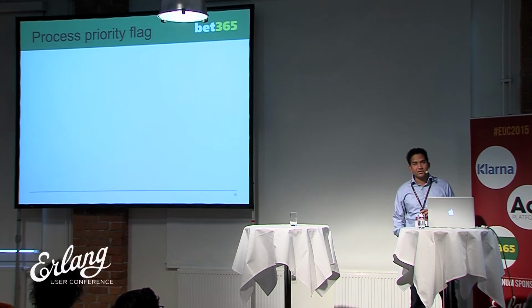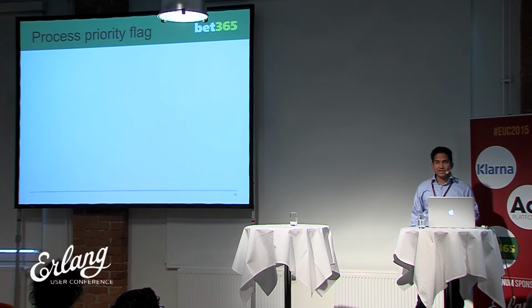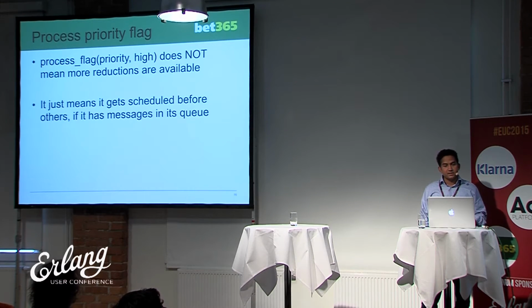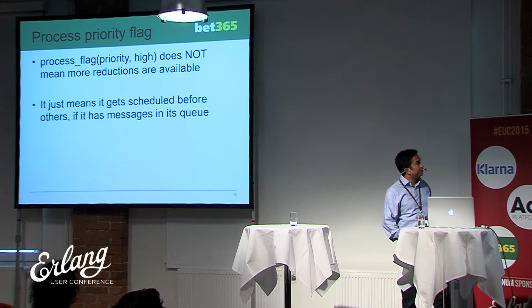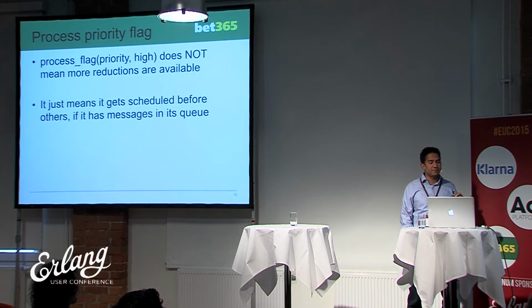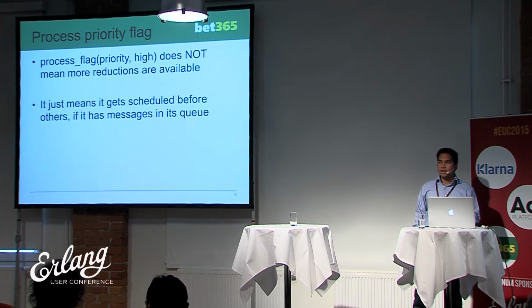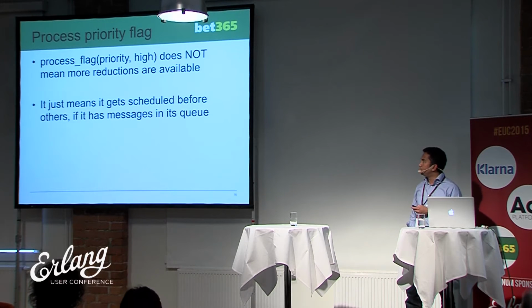I'll make it a higher priority process, and that should automatically give me more processing power, so I can keep up with the fire hose coming in. But actually, higher priority does not really mean you've got more reductions. All it means is that you'll get scheduled before the others, and only if the process has work to do, which translates to having messages in your queue. So you can't really have a process busy looping.